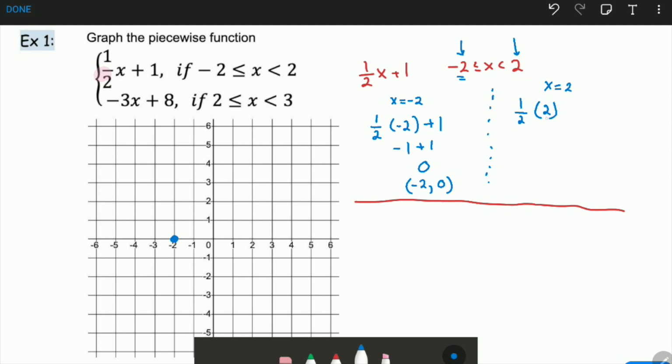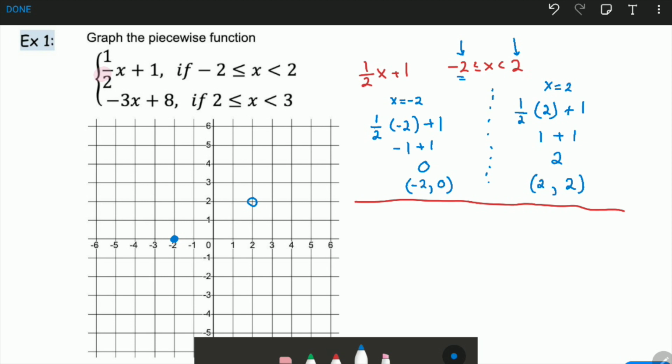We'll plug in 2 to our rule for this piece. 1/2 times 2 is 1, and then 1 plus 1 is 2. So my second ordered pair, the x value was 2, and the y value, which we just found, is 2. Now this one, because it does not have an equal to, will be an open dot. So at (2, 2), we have an open dot.